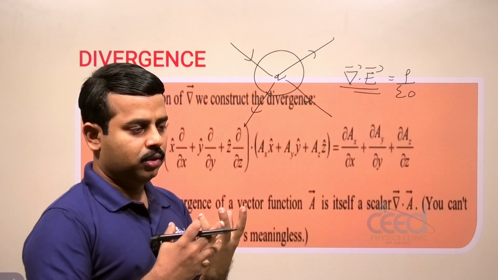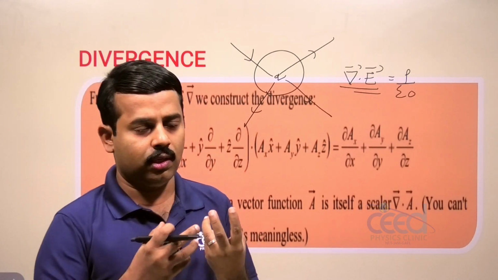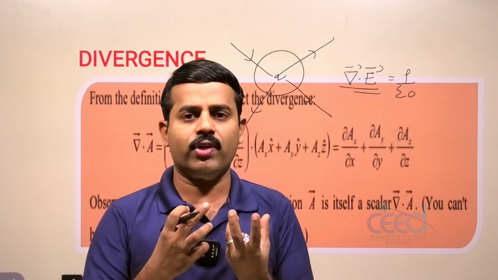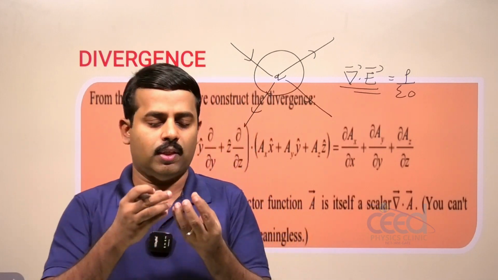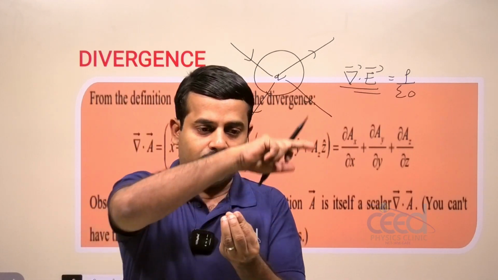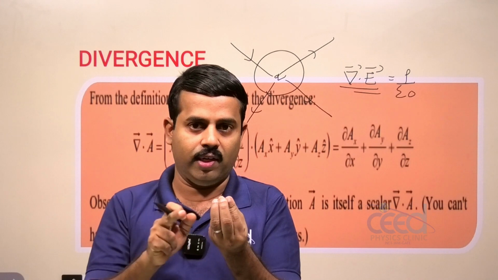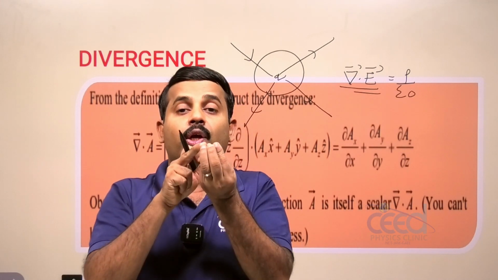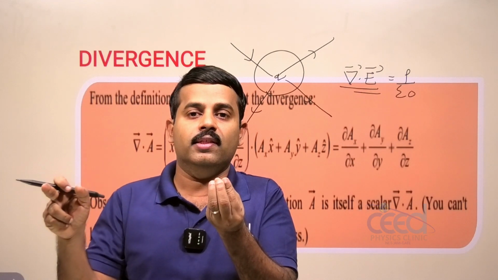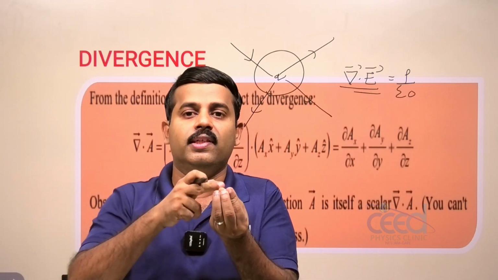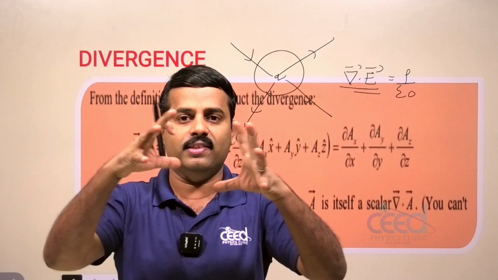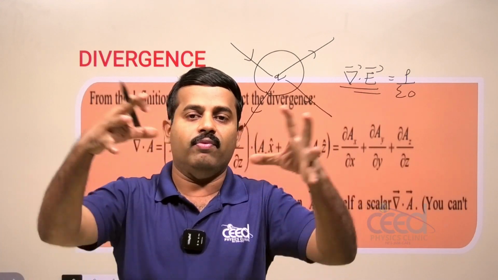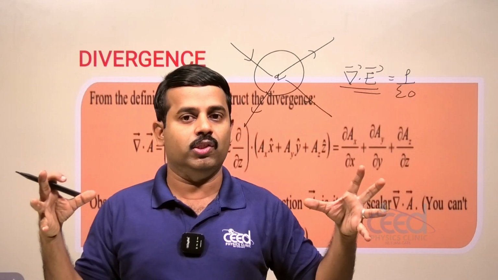Divergence represents the divergence of a physical quantity. Suppose at the center of a sphere, which is a three-dimensional figure, the electric field diverges not only along the x-axis but also along the y-axis and z-axis, every axis, in a three-dimensional charge distribution.